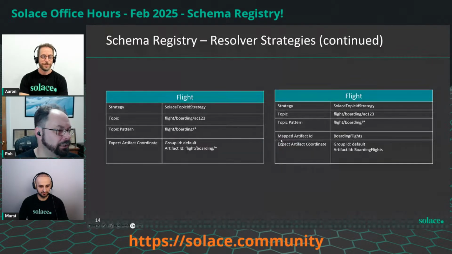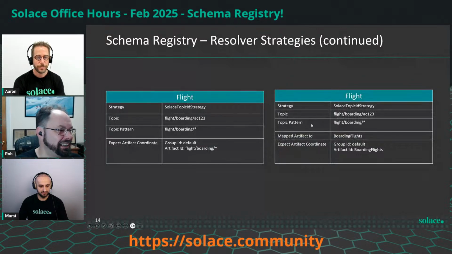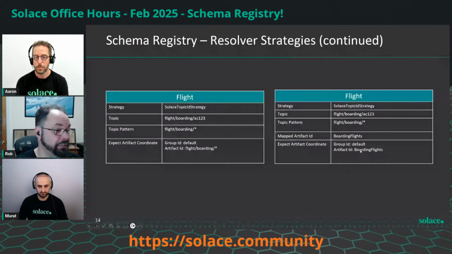If there is a topic profile, then it will go to a mapped artifact ID, and that will be what's mapped in the artifact ID or the group ID, for the expected artifact coordinate, which maps to the schemas.